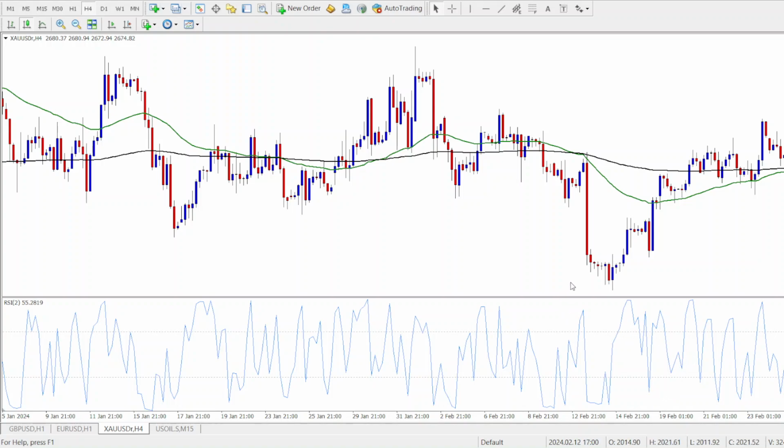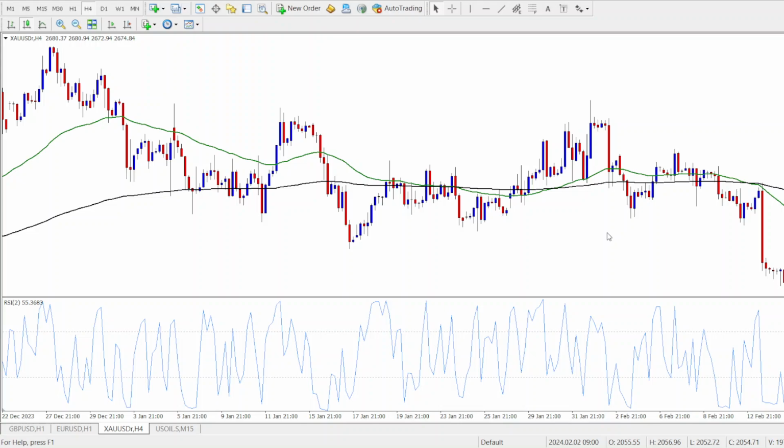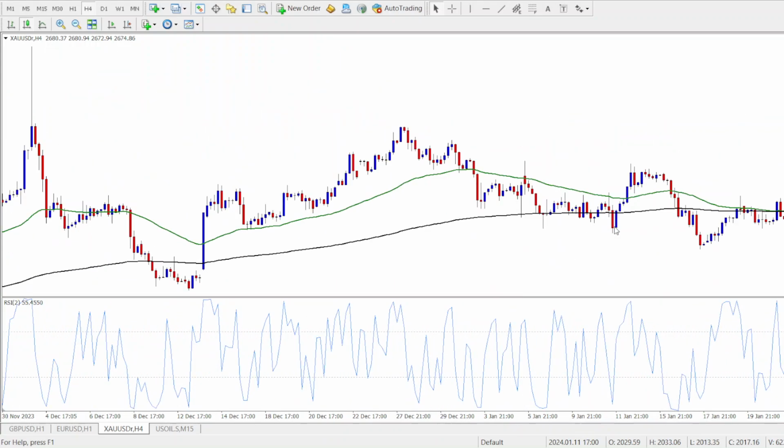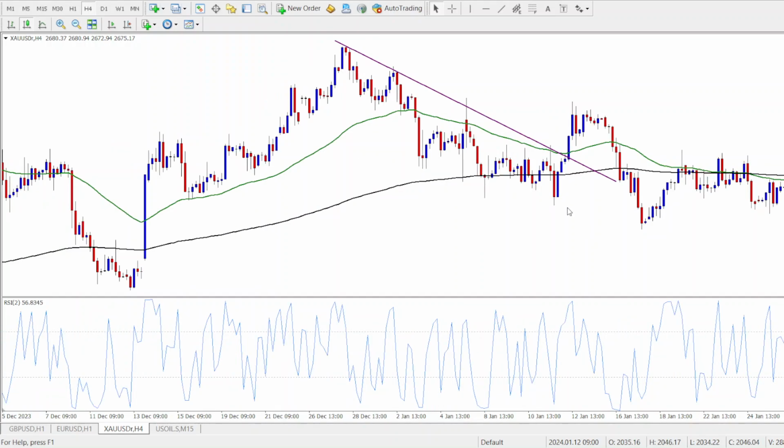So for your entry confirmation, you can look for price to be near a support or resistance, combined with a candlestick pattern that is for a sell.